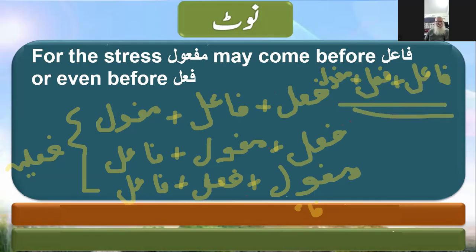Is it a jumla fi'liyya? No, it's not. Because Hamid is coming first, which is a proper noun. Remember, fa'il is an ism. Maf'ul is also an ism. When we brought the maf'ul in front, I said it's a jumla fi'liyya. But when I brought the fa'il, you said it's a jumla ismiyya. Both are ism. What is the difference? Why is one not a jumla fi'liyya and the other is?